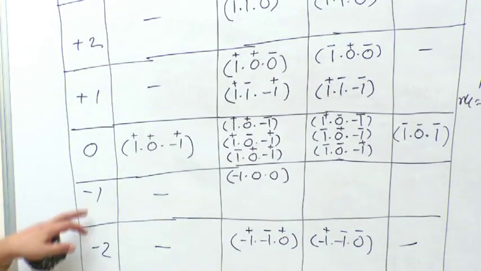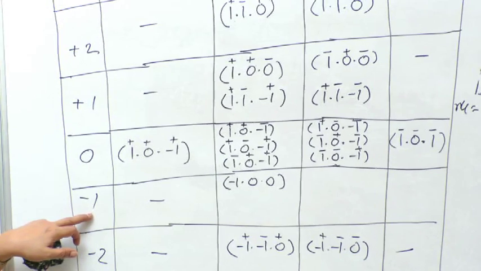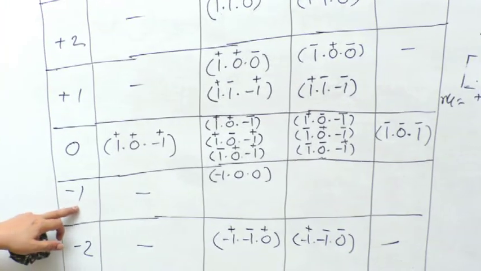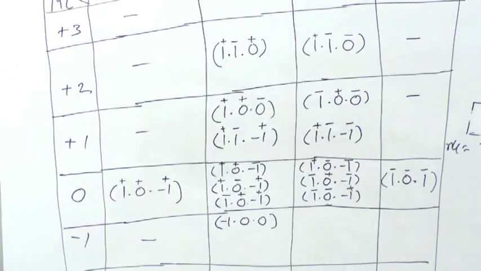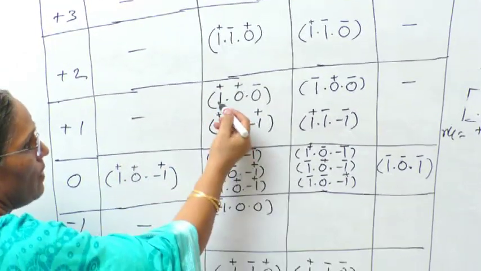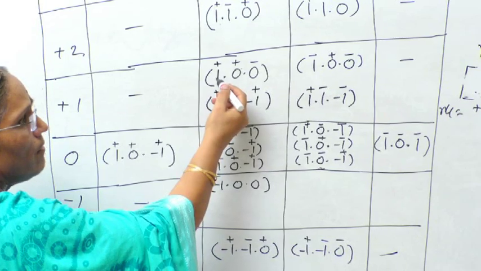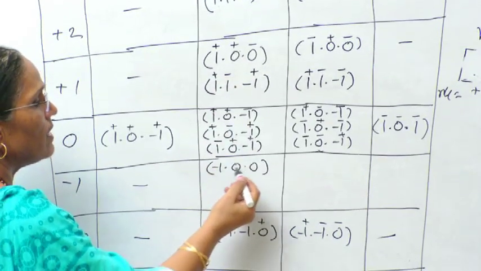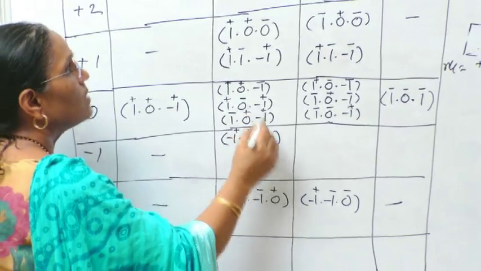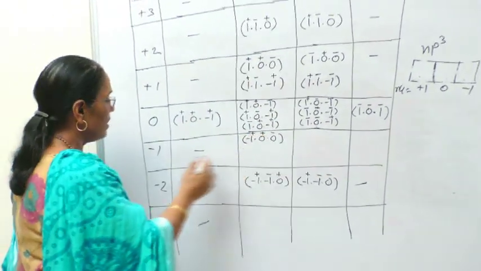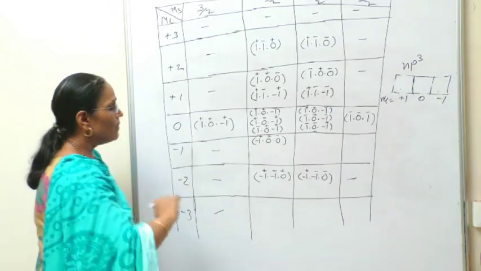In order to get negative ml values, we just have to change the sign of the orbital quantum numbers for the positive values. So minus 1, 0, 0, and the same spins plus, plus, minus, because the total spin is not changing, only the total ml is becoming negative.